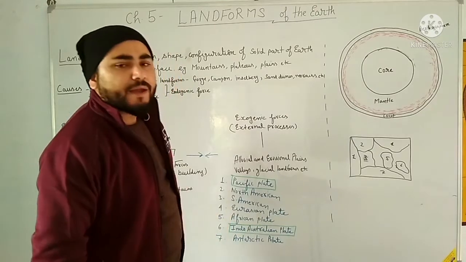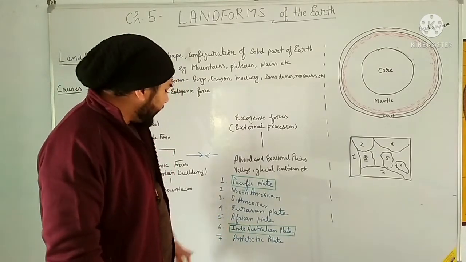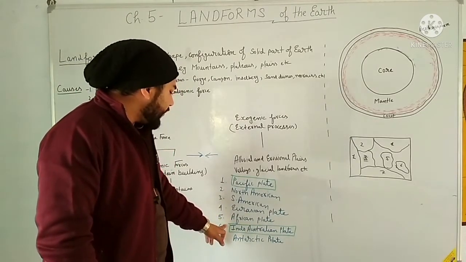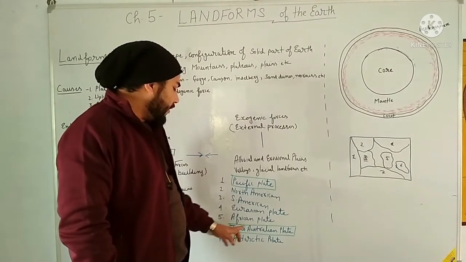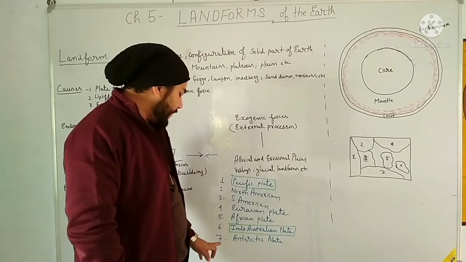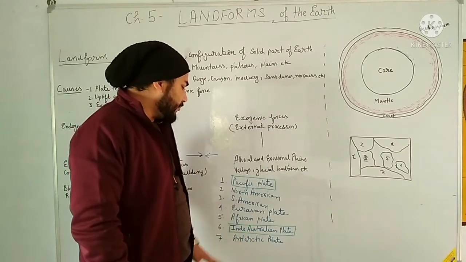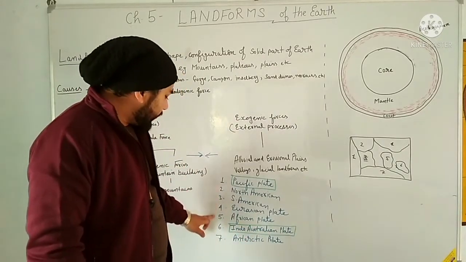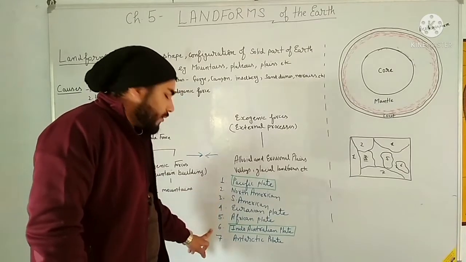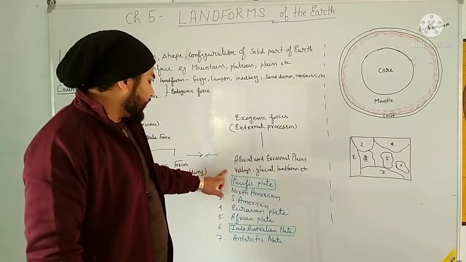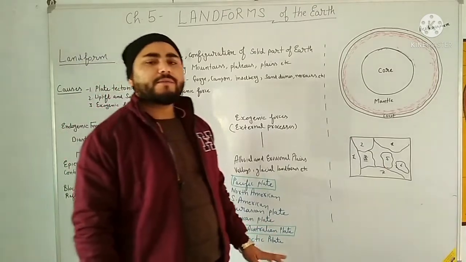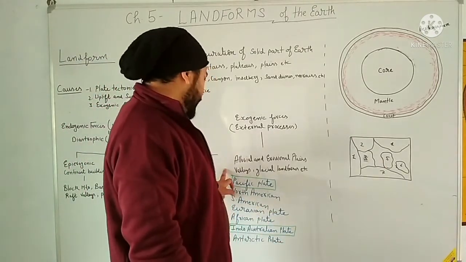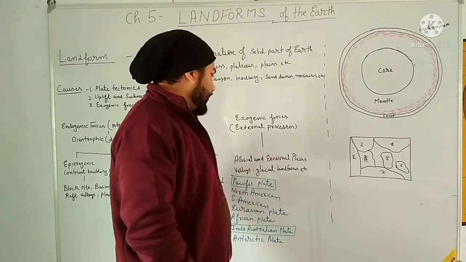Then we have the African plate, and a plate named after our country, the Indo-Australian plate, and the seventh is the Antarctic plate. You can remember the second to fifth and the seventh by the names of continents, and the Pacific and Indo plates by the name of an ocean and our country.